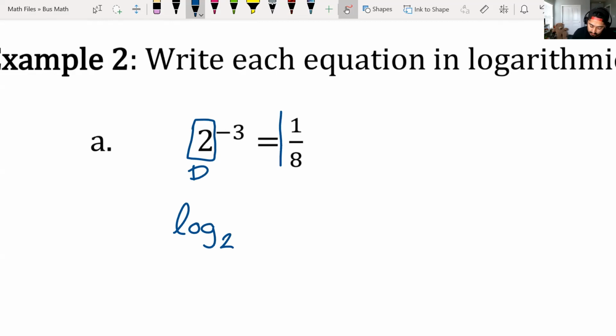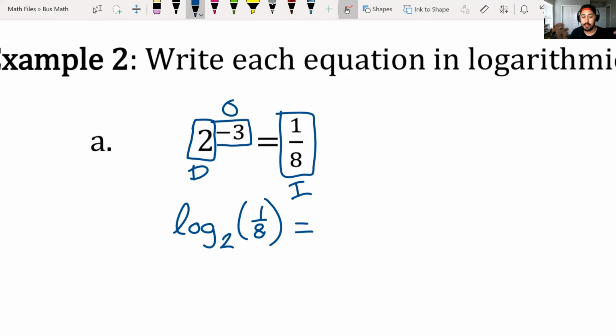This outside number goes in. So now I have log base 2 of 1/8 equal to this exponent goes out. Log base 2 of 1/8 equal to -3.